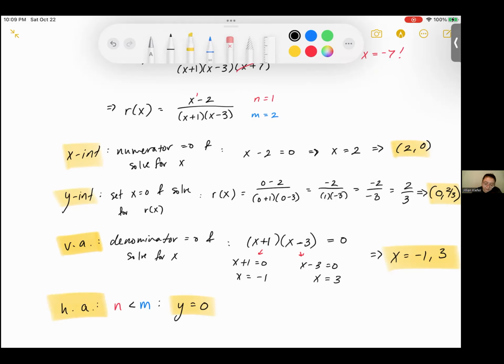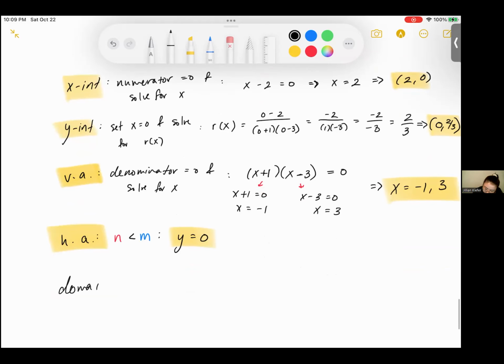Now the last thing we wanted to do was determine the domain and the range. The range has to come from looking at the graph. So we're going to take a peek at the graph back from our notes, but we want to go ahead and write out the domain. You could find the domain from your graph as well, but you can also do it with what you've solved here for your vertical asymptotes.